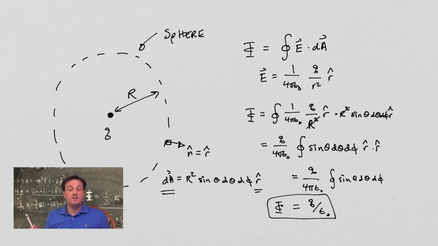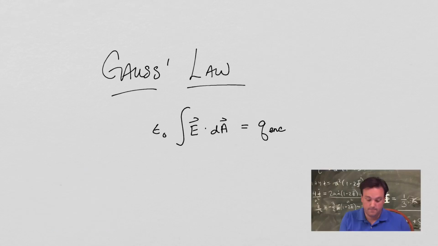And that is to say that how much flux goes through the surface doesn't matter with the size of the surface. If I went further and parameterized the surface in a different way, it also doesn't matter the shape of the surface. In fact, the amount of flux that I calculate on any surface that encloses this charge is going to be equal to the charge divided by epsilon naught. That is to say that the total charge enclosed in any surface is just epsilon naught times the flux.